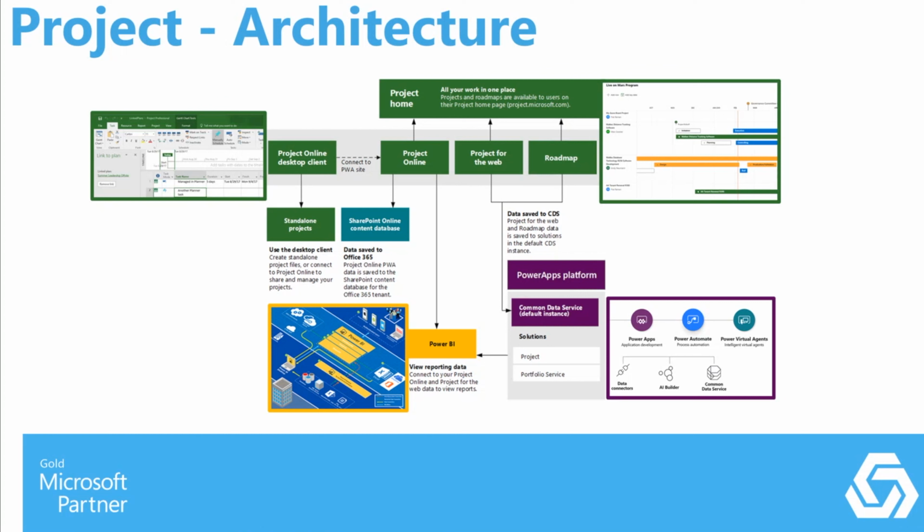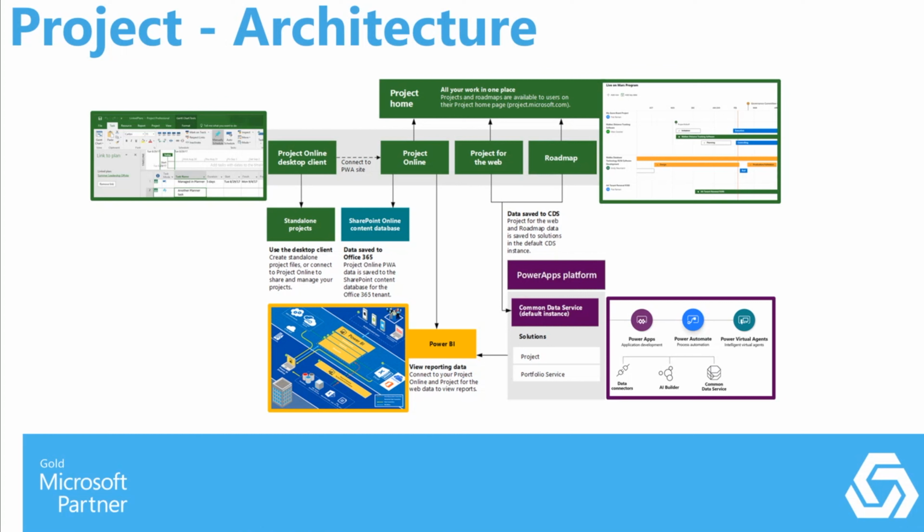Swings and roundabouts for both, but hopefully that makes sense. They are all based on the same platform, and really it's about utilizing the services in Project Online through a front-end simplified Project for the Web service.